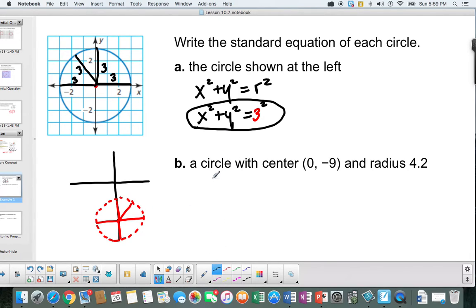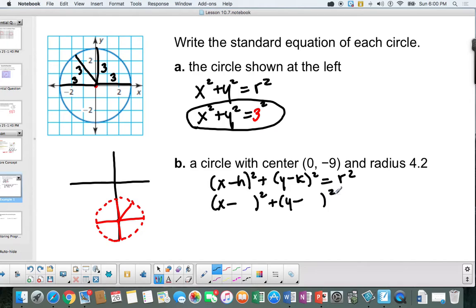When the center is not at the origin, we use this form: (x minus h) quantity squared plus (y minus k) quantity squared is equal to r squared. I'm going to rewrite the problem without the h, without the k, and without the r too.